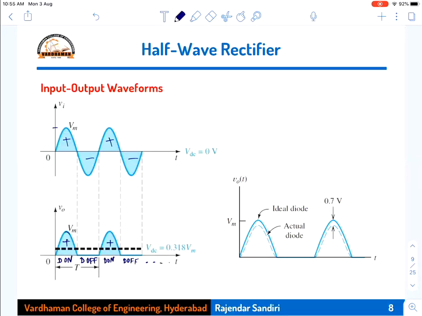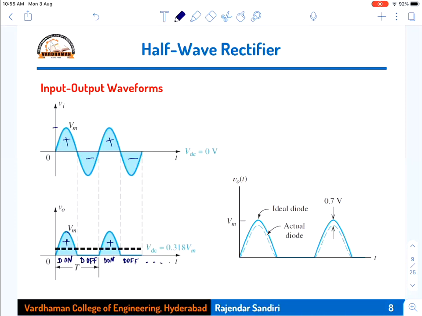Therefore, for a practical diode, if the input voltage is Vm, then your output voltage will be Vm minus 0.7, because till 0.7 it does not conduct. Therefore, it will be 0.7 volts less compared with the input voltage. So for an actual, real or practical diode, the output will have a little less amplitude compared with the input voltage.